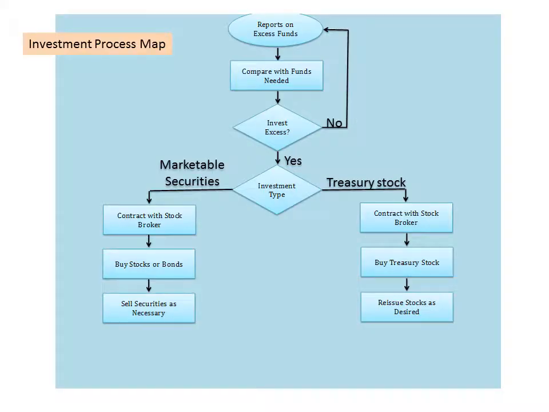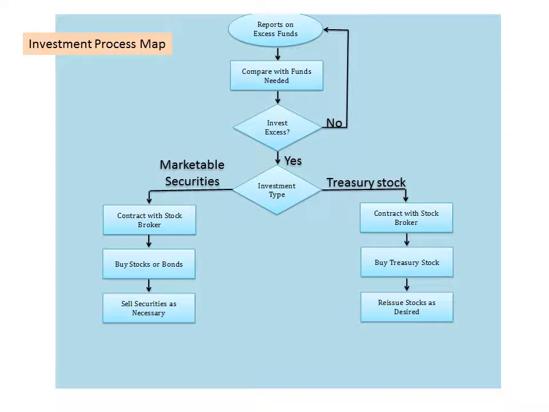So, kung may source of capital process map, meron din tayong investment process map. So, una, of course, kapag nagkaroon ng reports on excess funds, they have to compare it with the funds needed.